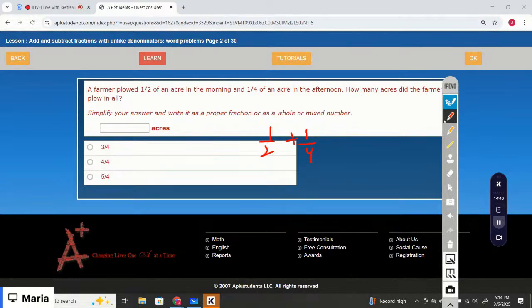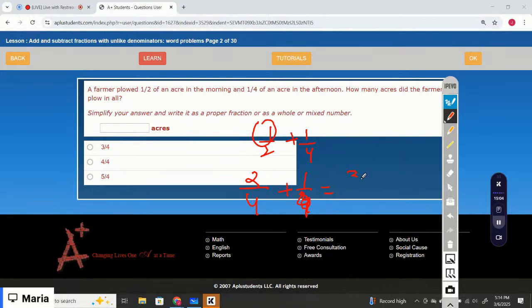So first thing you have to make the denominator same. 2 times 2 is 4, so you need to multiply this fraction by 2. That is 2 times 1 is 2, 2 times 2 is 4. Now you can add the numerators because the denominators are exactly same.